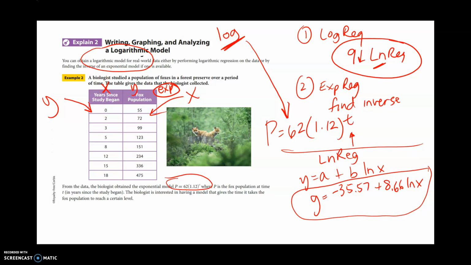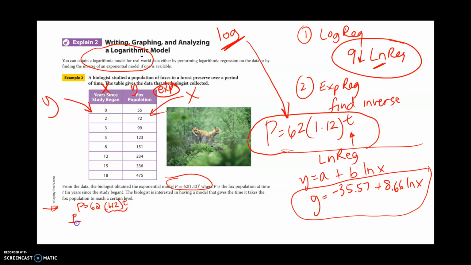All right, what if we took this original function, or the exponential function he did when he got the regression, and we find its inverse using our method of finding inverses? Okay, so I'm going to try that. If I rewrote over here the function, now I need to get the exponential part by itself.